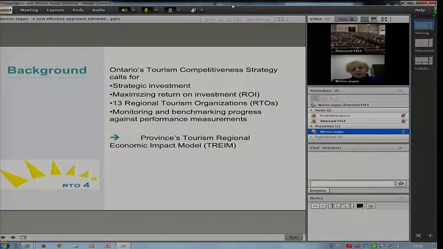It created these regions that we call RTOs, and specifically as one of the subcomponents of the strategy, called for monitoring and benchmarking progress against performance measurements. And the way the province saw this happening was through the Provincial Tourism Regional Economic Impact Model, fondly referred to as TRAIM.